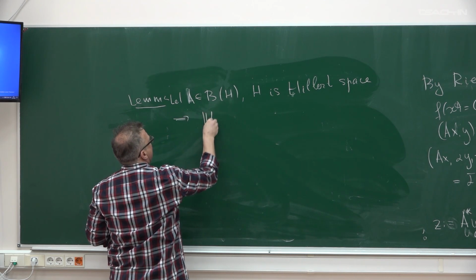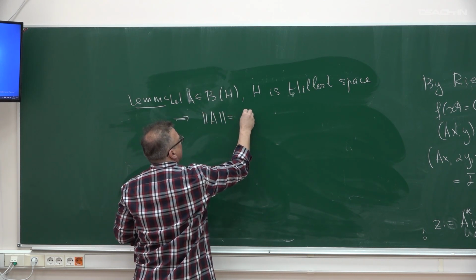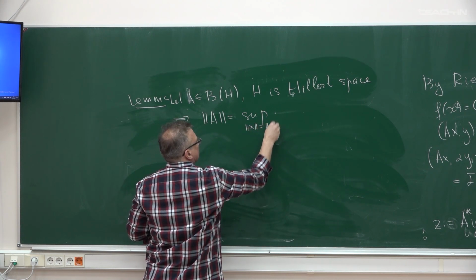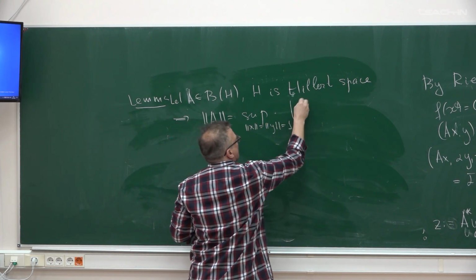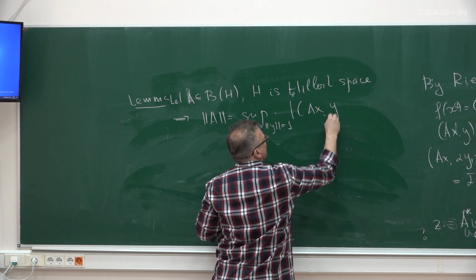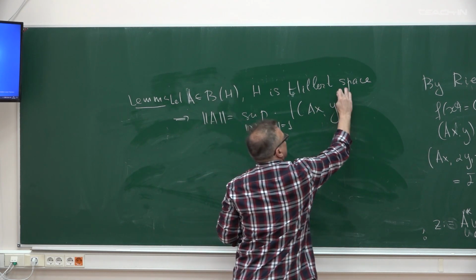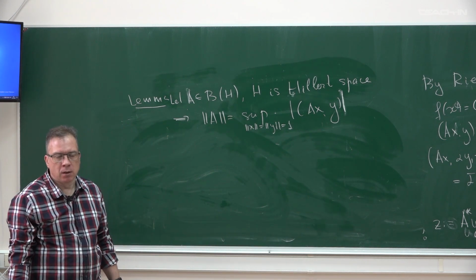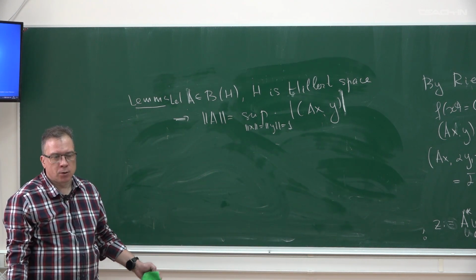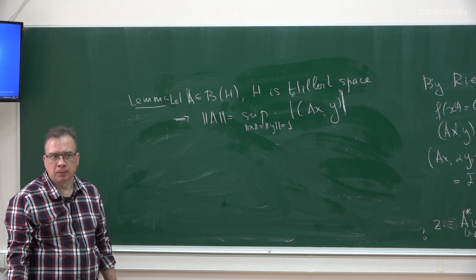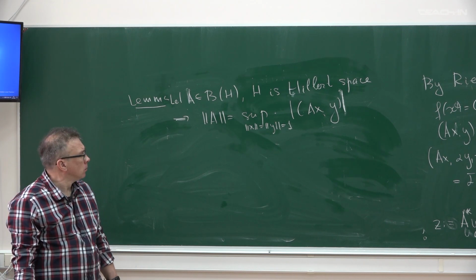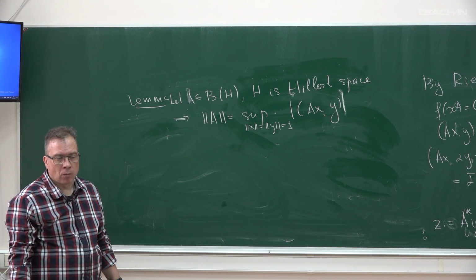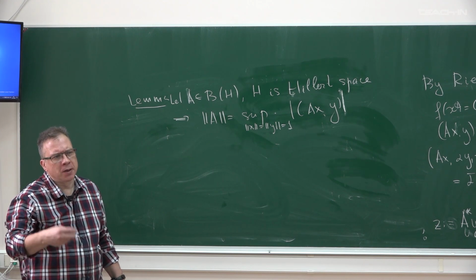Then the norm of A can be calculated as the supremum over two spheres of the so-called semi-square form of the operator.